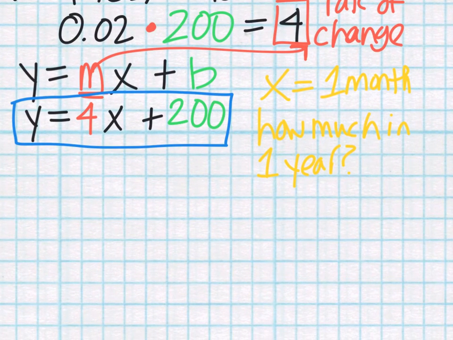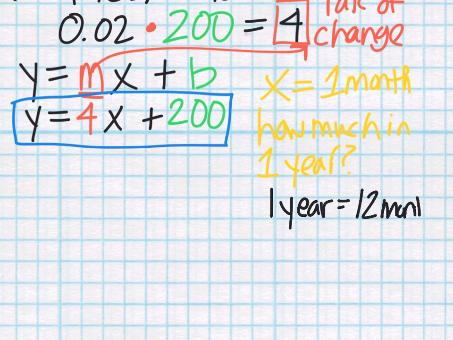Should be something everyone has memorized. 1 year equals 12 months. So 12 is the number I want to plug in for my x.